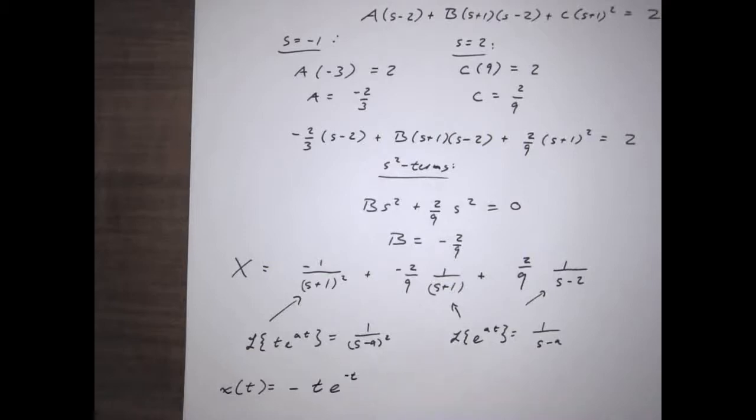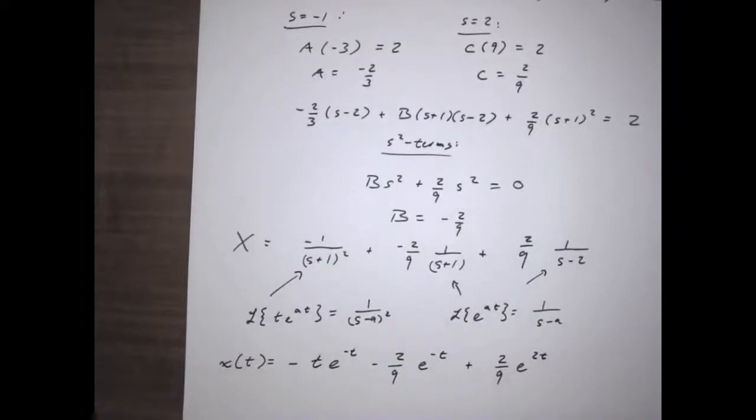So negative t e to the negative t minus 2 ninths e to the negative t, and then plus 2 ninths e to the 2t.